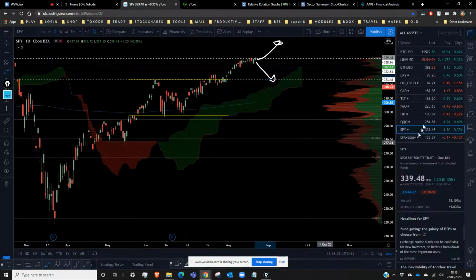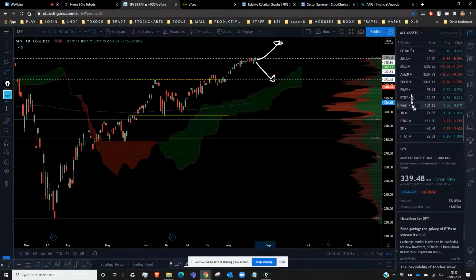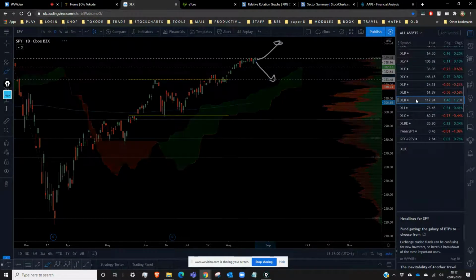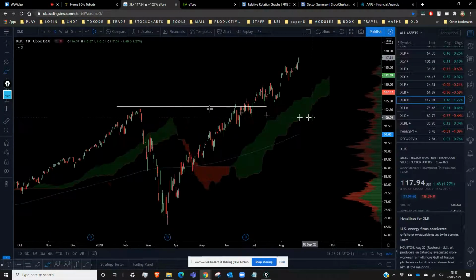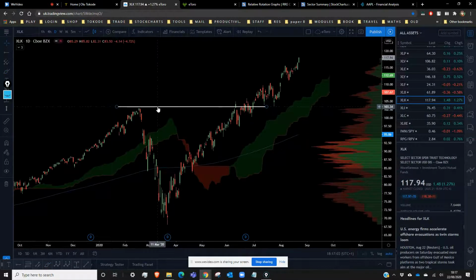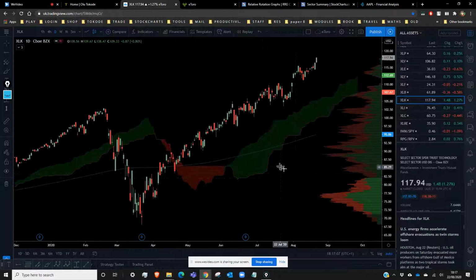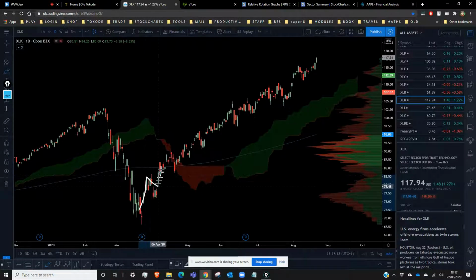If I pull up a chart of technology, XLK, this is the XLK. That's a very good looking chart. Almost like NASDAQ. Very narrow uptrend. Very few opportunities to buy the dip.